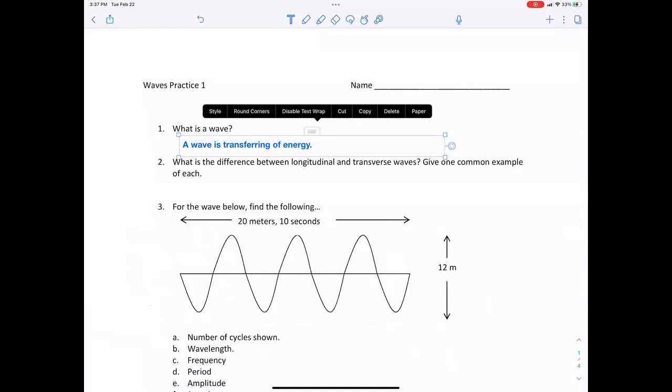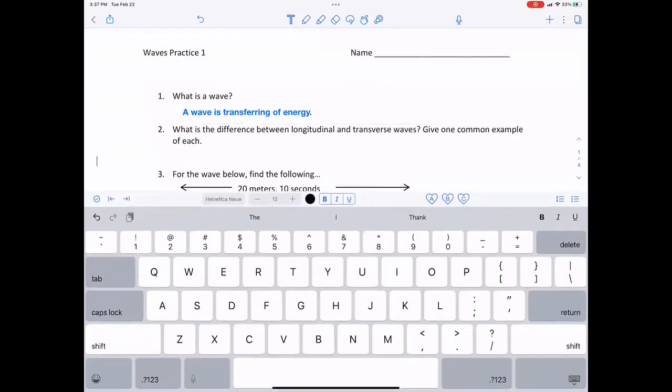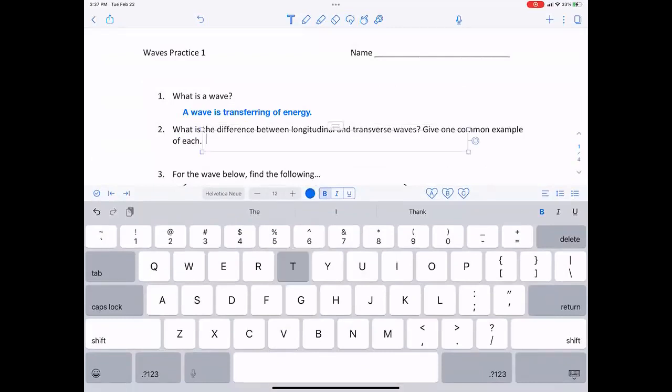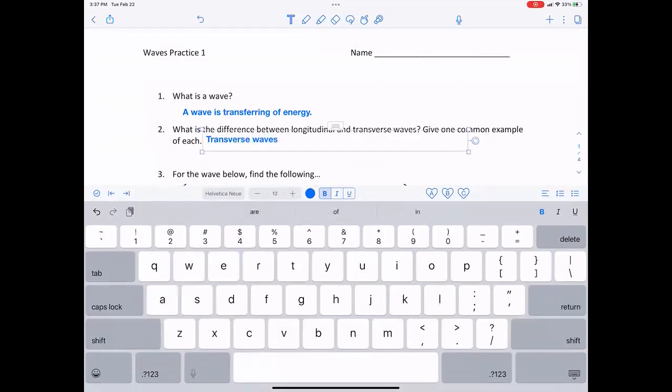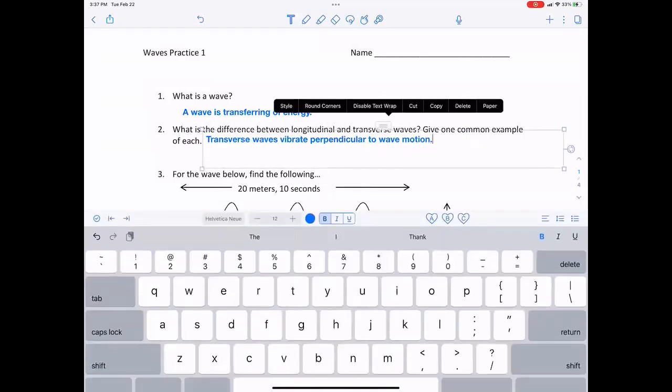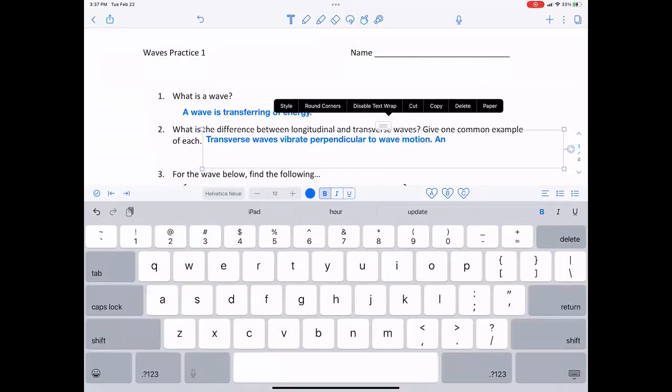What is the difference between a longitudinal wave and a transverse wave? Transverse waves vibrate perpendicular to wave motion. An example of this would be a light wave, a wave of light.